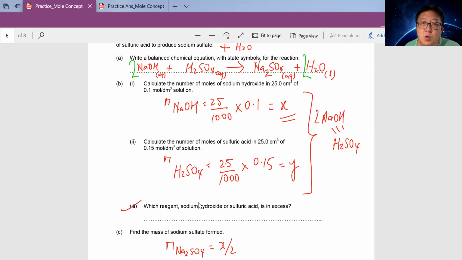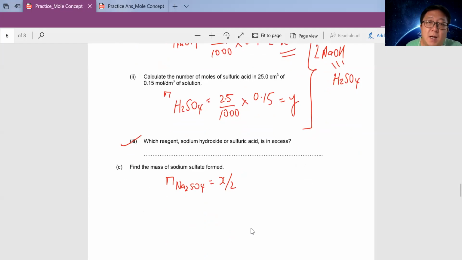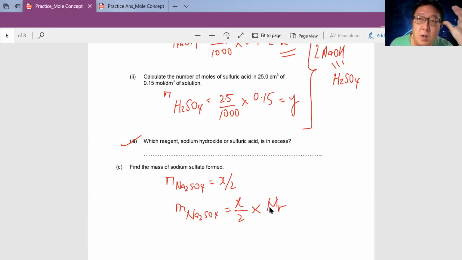Don't make a mistake here, not 2X. Then after that we can find the mass. You just apply the formula, multiply by the MR of your sodium sulfate, which is inside your periodic table. Extract out your MR to confirm. One minute, then we check the answer.